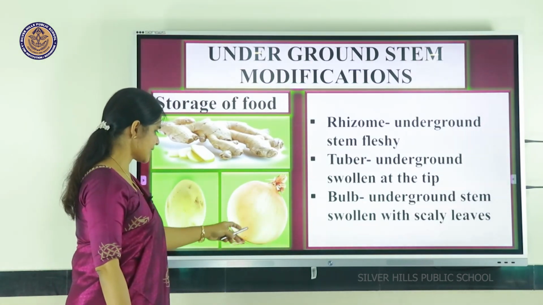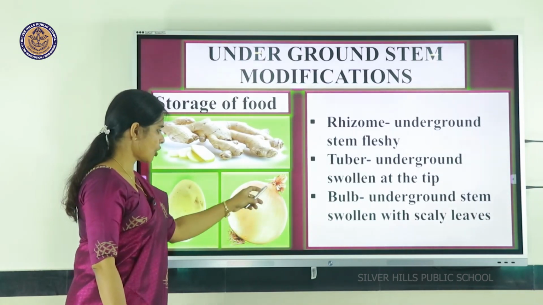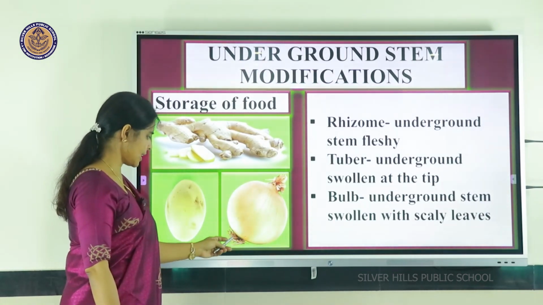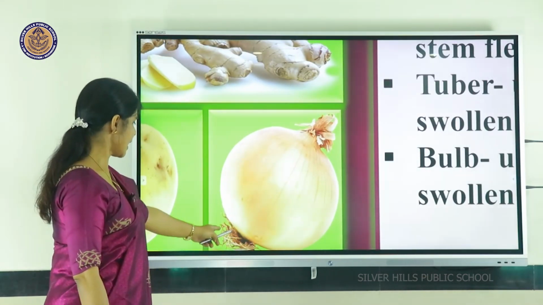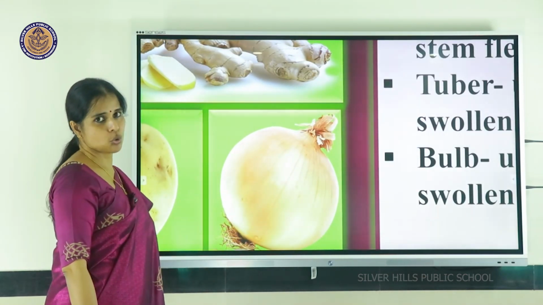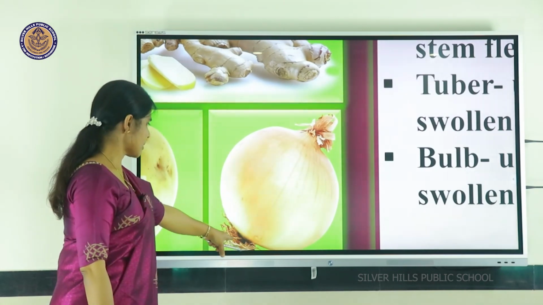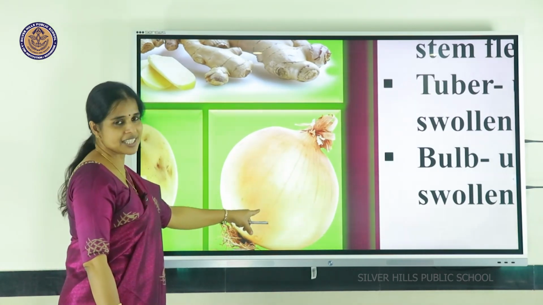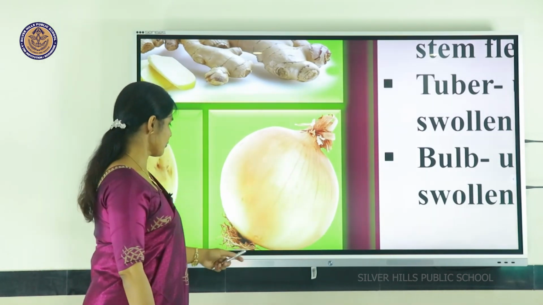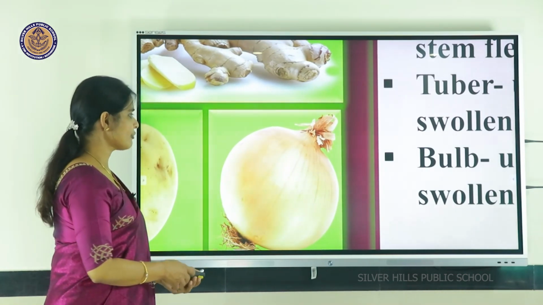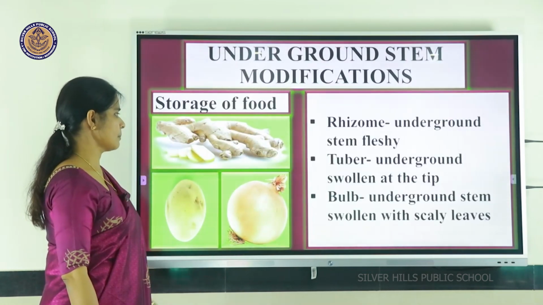Onion has a central stem and a lot of fleshy leaves present on it. From the basal portion it has a fibrous root system. So, when the fibrous root system is arising, definitely this part has to be a stem modification. So, this could be an example for underground stem modification.